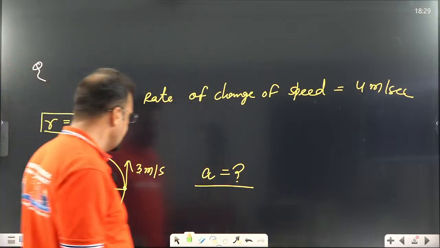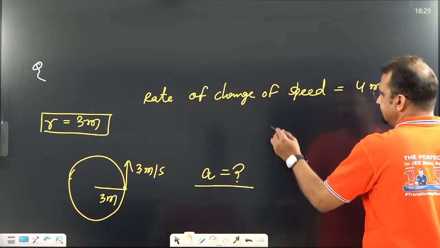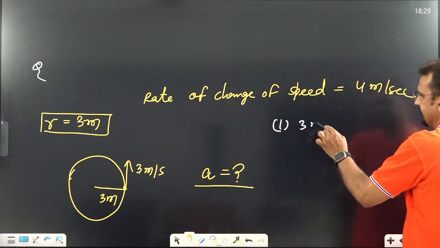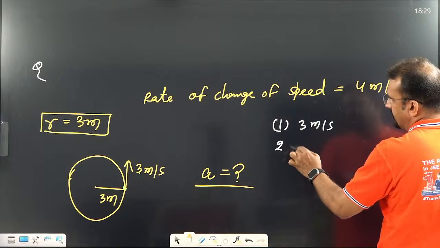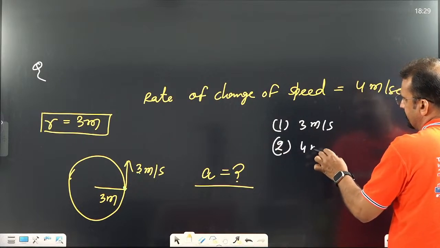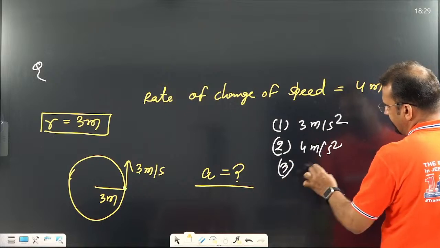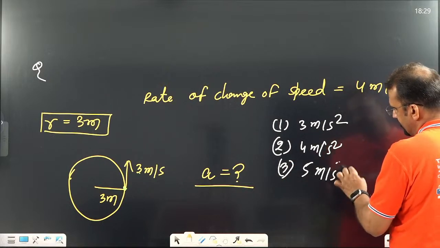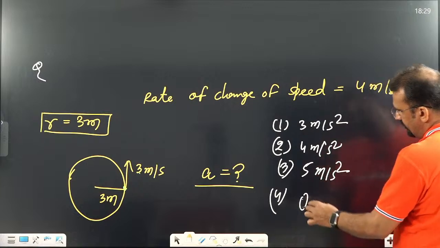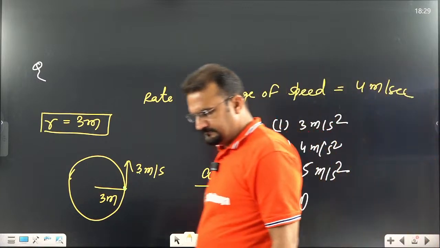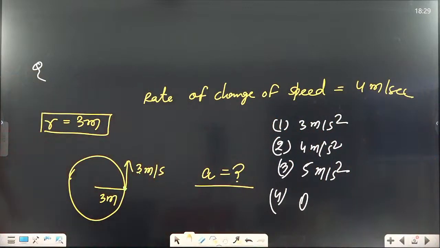You need options. Option number 1, 3 meter per second. Option number 2, 4 meter per second square. Sorry, acceleration is this one. Third one is 5 meter per second square. And fourth one is 0. Which one is the right option? Tell me fast.